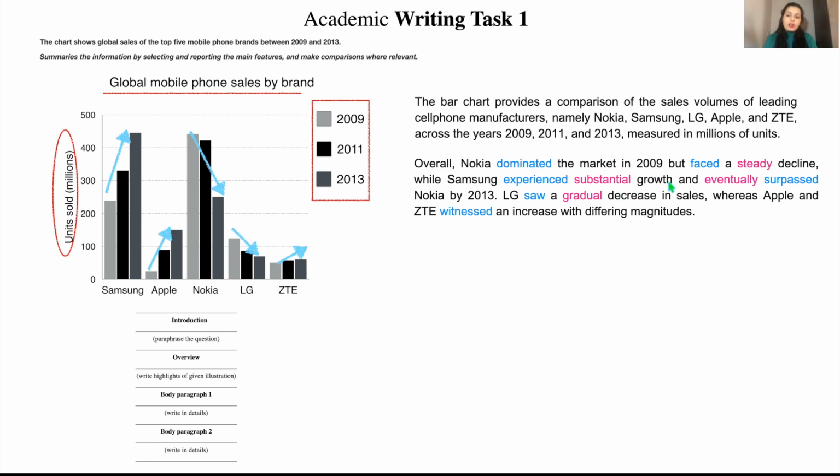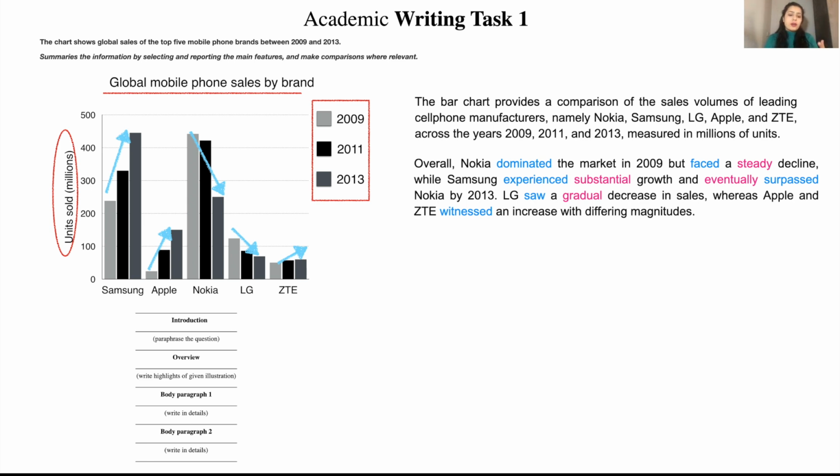Now you might be wondering why I haven't used these three, Samsung, Apple and ZTE, in an upward trend, and Nokia and LG in a downward trend. It could also be a way to write an overview, right? But when we talk about an overview, it should consist of striking features, surprising factors.